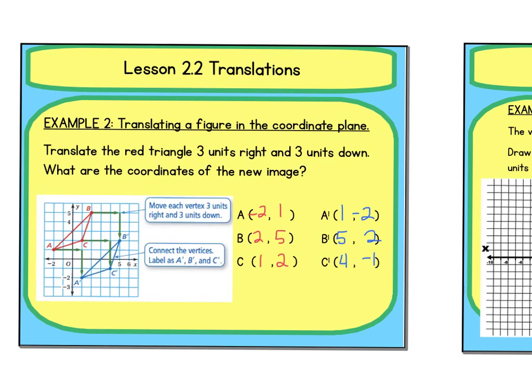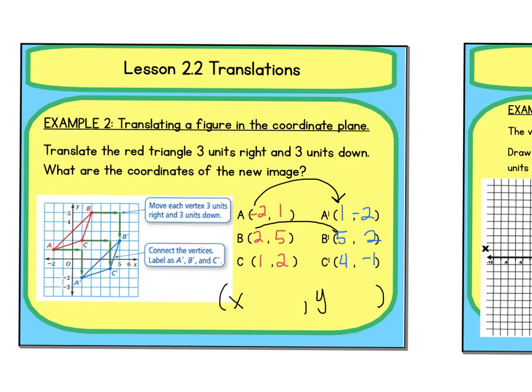So what we want to identify is what did we do to our x, and what did we do to our y. So what's happening to each? Okay, let me erase this and I'll put a comma in there. Okay, so our x, like how did we get from negative 2 to 1?